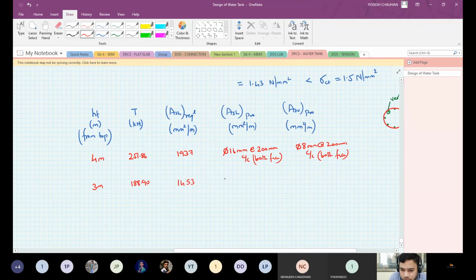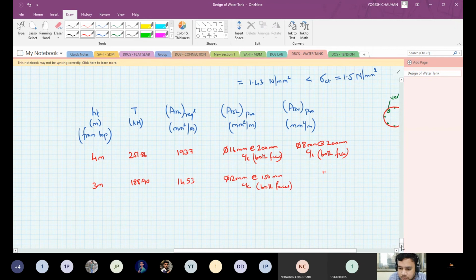Now for this you can change the diameter also, because it is provided in the form of circular rings. So 12 mm at the rate of 150 mm center to center, both faces. And the vertical reinforcement will be the same.